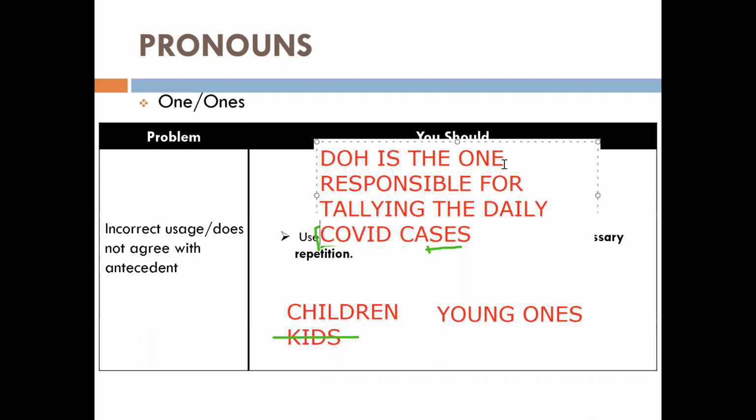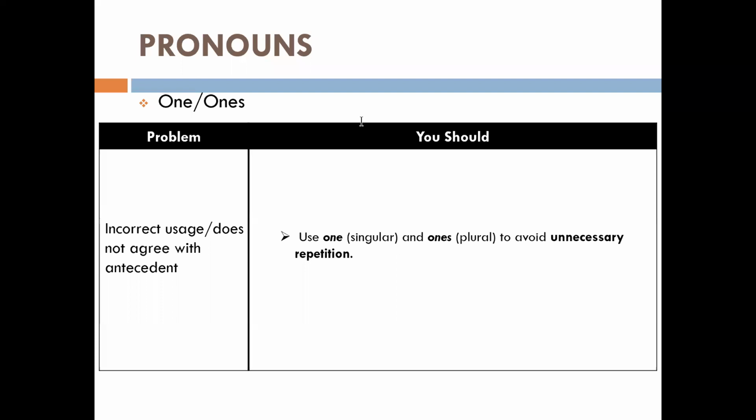These are the ones seen on the flag. These are the colors. The colors are yellow, white, red, and blue. These are the ones seen on the flag. DOH is the one responsible for tallying the daily COVID cases. So, if you do not have any word to replace the subject, wala pang pamalit, gamitin po natin si one para sa singular at si ones naman po kung ito ay plural.